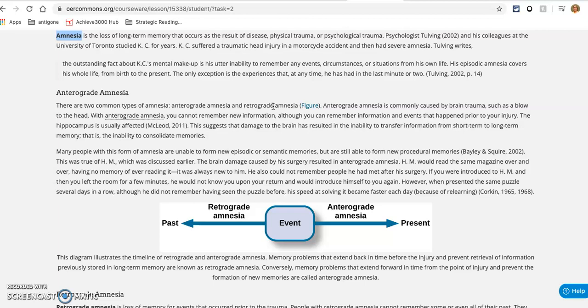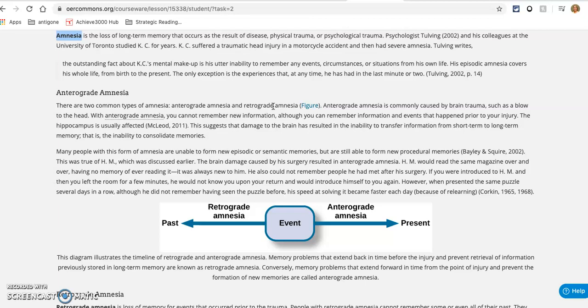I'm going to then assume that antero has something to do with moving forward, present, future. Anterograde amnesia is commonly caused by brain trauma, such as a blow to the head. With anterograde amnesia, you cannot remember new information, although you can remember information and events that happened prior to your injury, which fits with my thought before. It has something to do with the present.